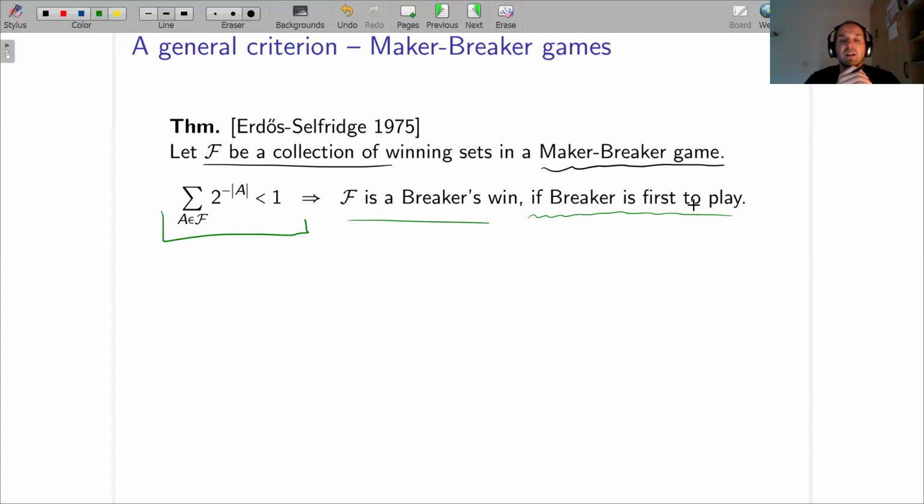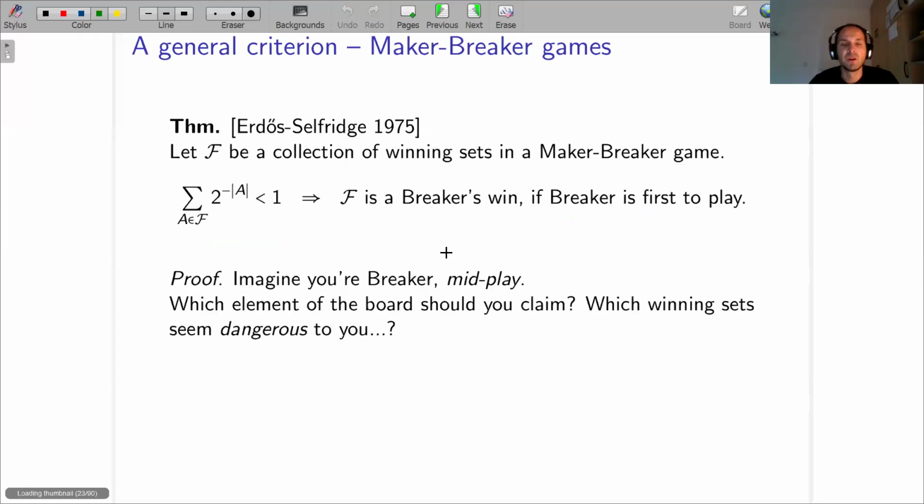We have an easy-to-verify condition that takes into account only the sizes of the winning sets. If we verify this and it holds, then automatically the game is a breaker's win. We know the outcome of the game. And not only that, as we will see, we also have an efficient strategy for breaker to win. So pretty much we know all that we want about this game.